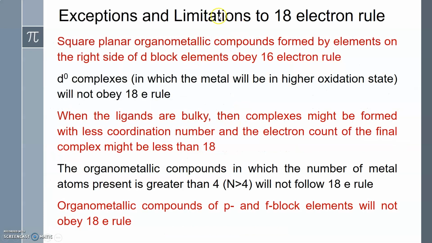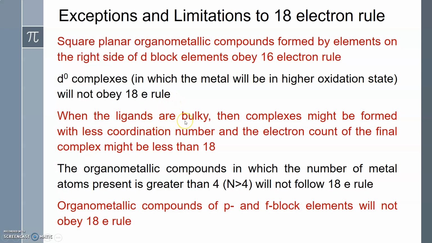What are the exceptions and limitations to the 18 electron rule? The elements which are present on the right side of the d block elements, for example, the nickel group, right? Nickel, platinum and palladium, they don't obey the 18 electron rule. Actually, they obey the 16 electron rule because they form square planar organometallic complexes. The d0 complexes in which the metal will be in higher oxidation state also will not obey the 18 electron rule.